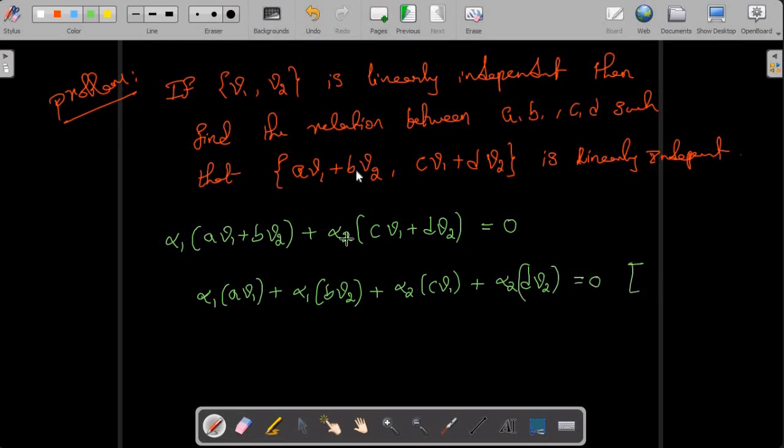So we came from this step to this step using the distributive law. So using distributive law, you can write this, right? And again using associativity of multiplication. Okay, so this one can be rewritten like this.